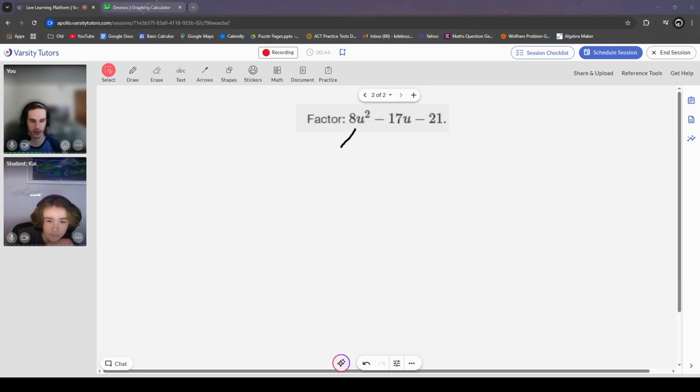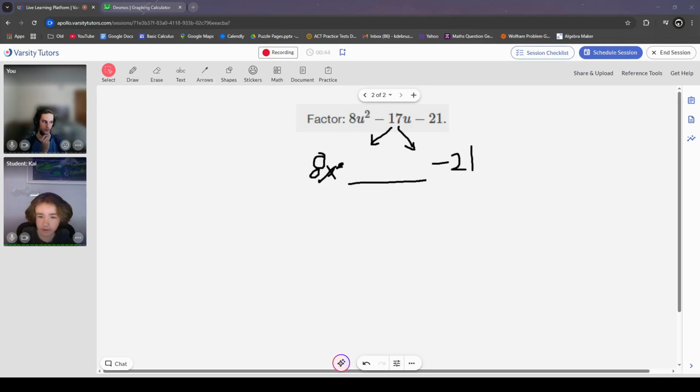And I believe you can switch between the slides as well, so you can look at the previous problem if that'll help. Is that somewhat correct?